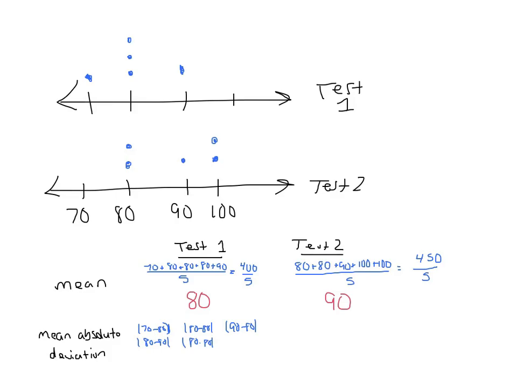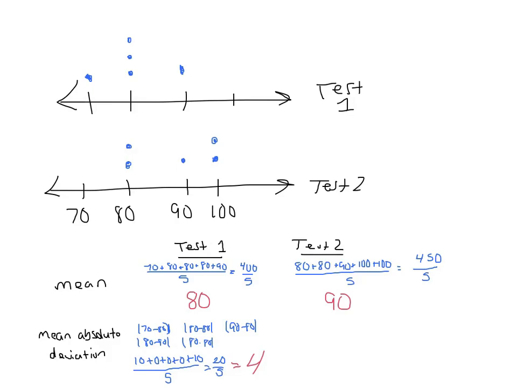That is 10, 0, 0, 0, and 10. And when I divide that by 5, I get 20 divided by 5, which is 4. So I have a mean absolute deviation of 4 for test 1.